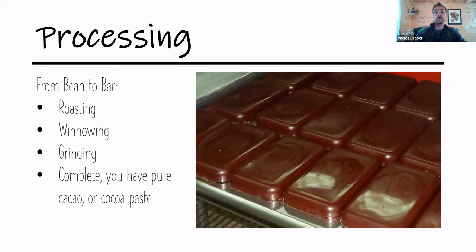And after it's roasted, it'll be winnowed, which is removing that skin. And then it gets ground, and the grinding puts it through so that it comes out almost like a liquid fudge consistency, and then it can be shaped, and as it cools, it hardens into, in our case, there's a picture of our cacao bars.